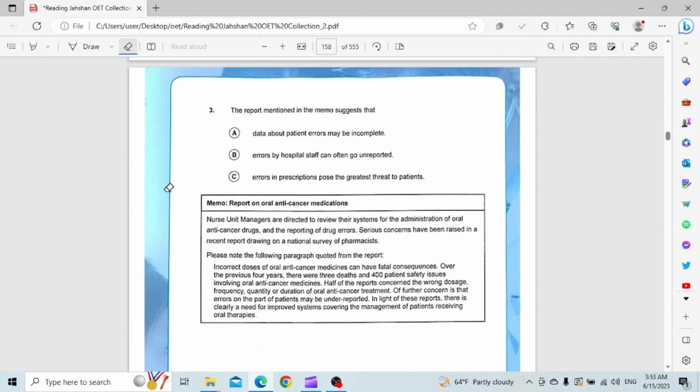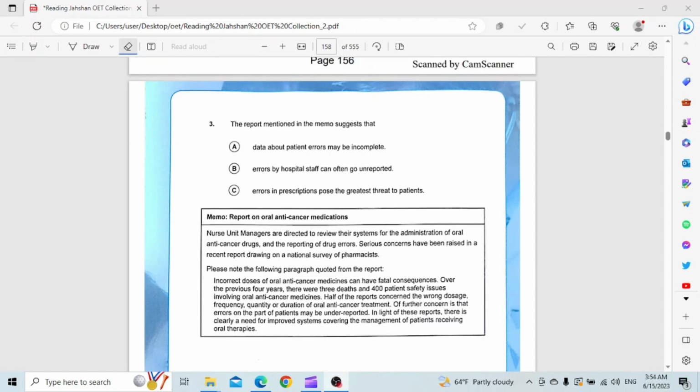Okay, so what is your prediction? If your prediction is A, which is the correct answer, data about patient error may be incomplete, they have pointed it out right here. So that is the way you can manage it.